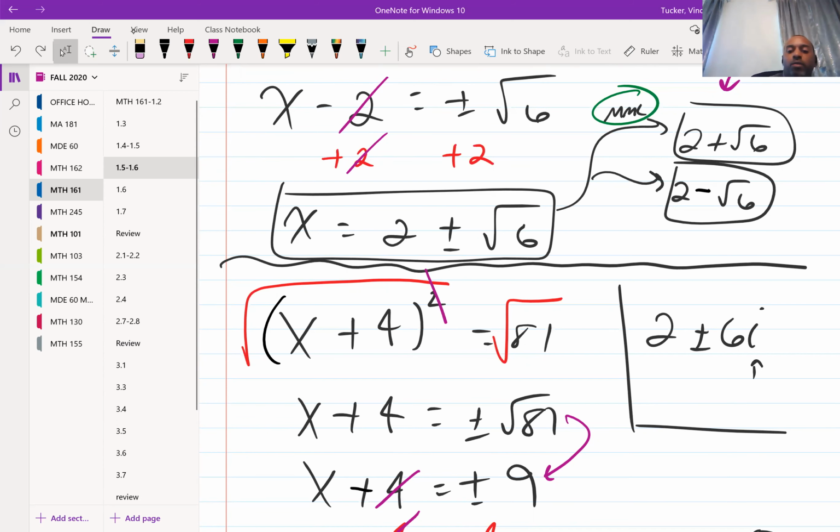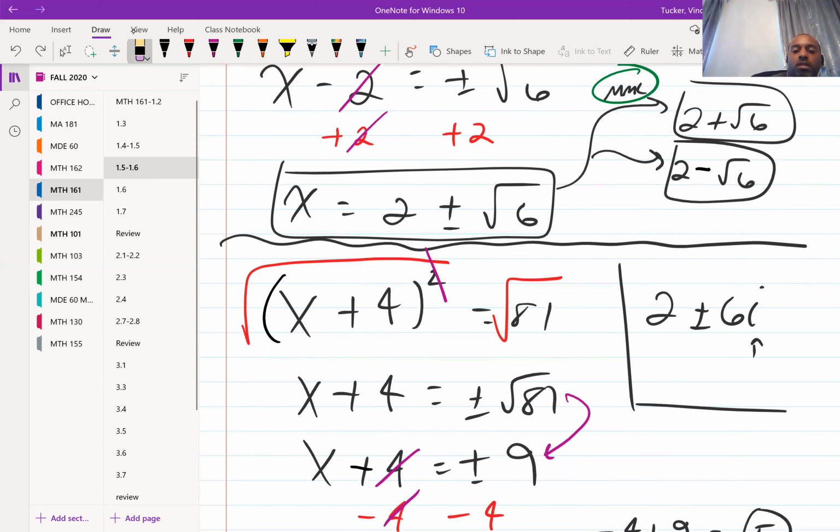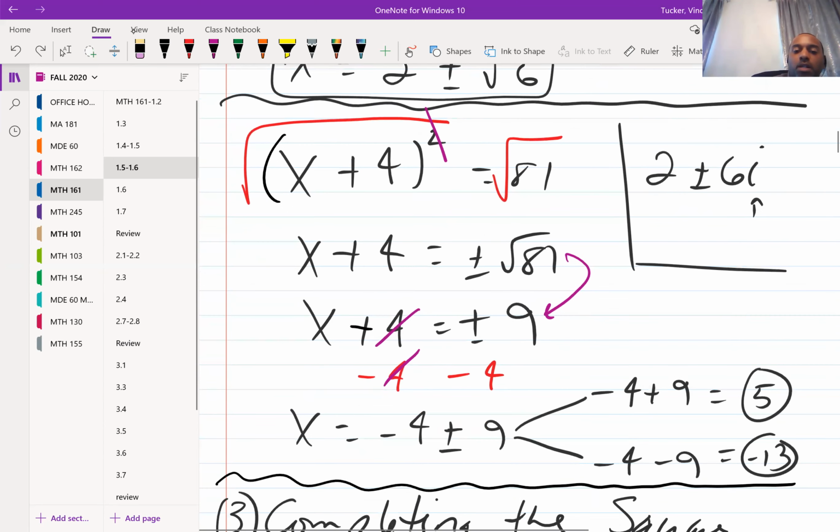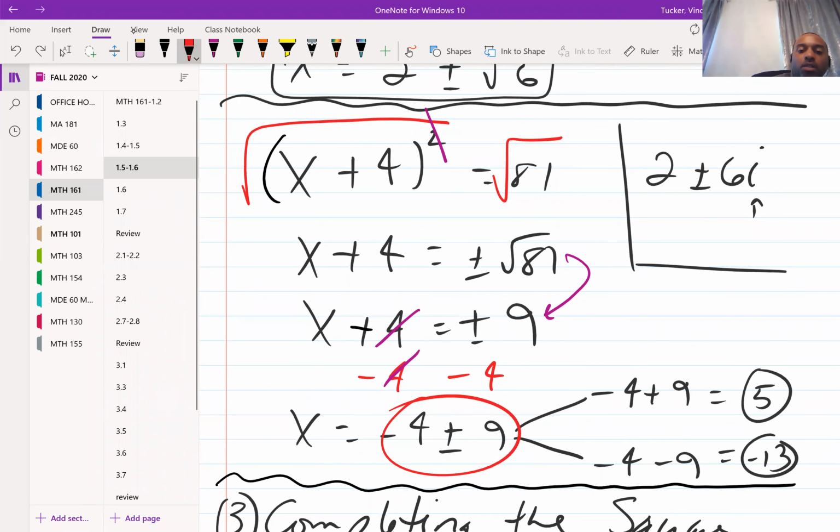Now the square root of 81 is 9. So that's what we have now: x plus 4 equal to plus or minus 9. Then from there, we can subtract 4 from both sides, and that will give us this result.